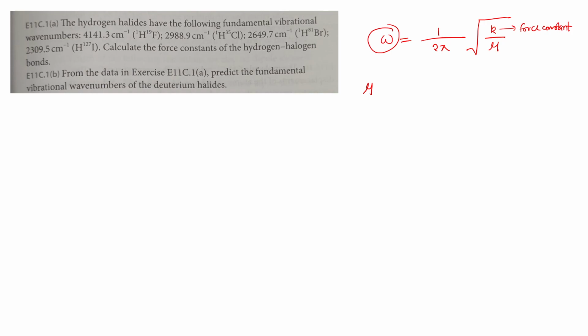You know 1 by 2 pi is constant, you get the mu, so you will get K, the force constant, for each, right? That is the first part. What do you require in the second part? The second part says, from the data in exercise 11C.1A, predict the fundamental vibrational wave numbers for the deuterium halides. So in this regard, we need to recapitulate a few things.